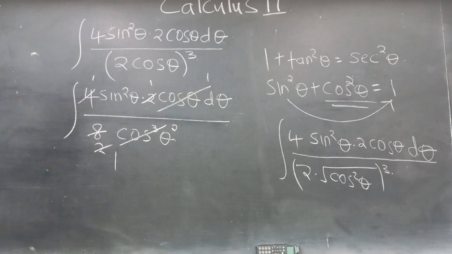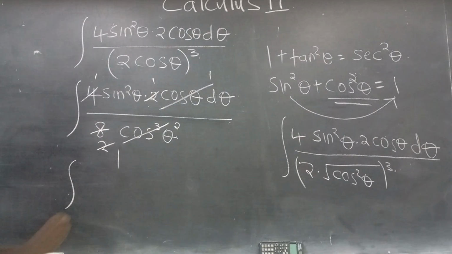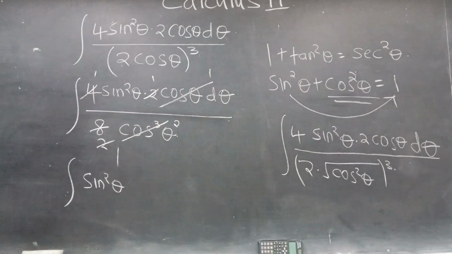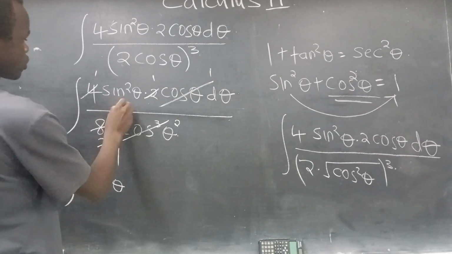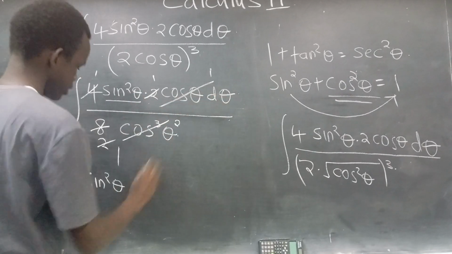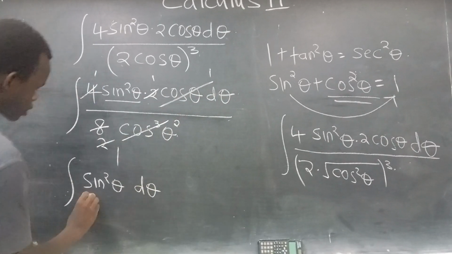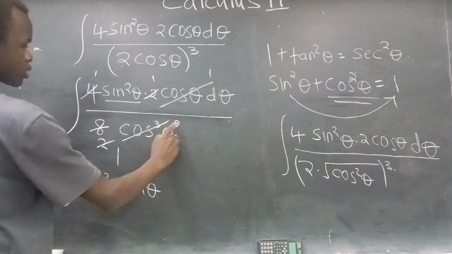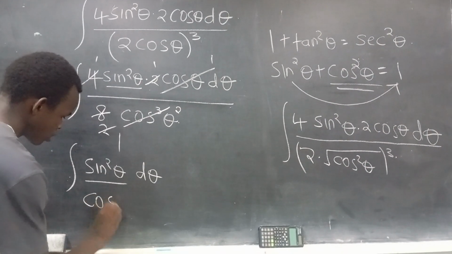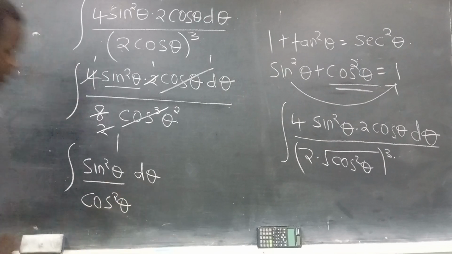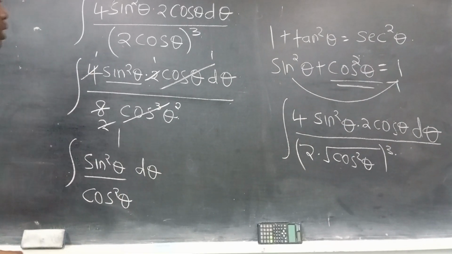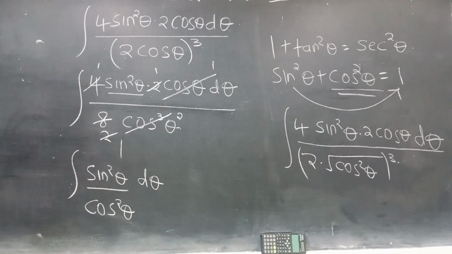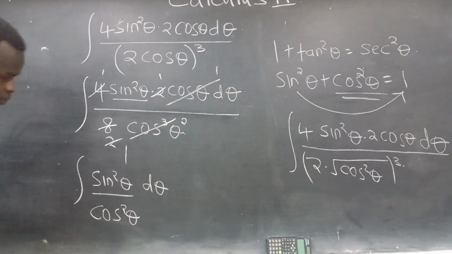I'll be remaining with the integral of sine squared of theta d theta, divided by cos squared of theta. So as you can see, we have narrowed down the integral to this point.